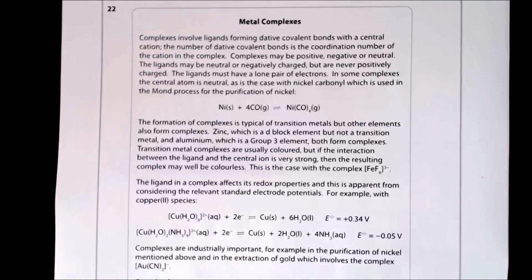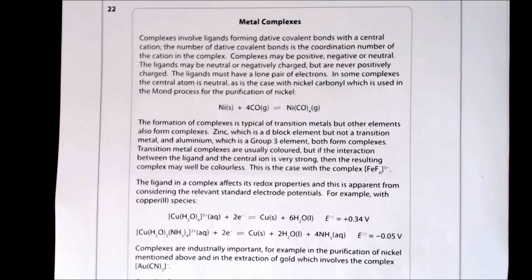The formation of complexes is typical of transition metals, but other elements also form complexes. Zinc, which is a d-block element but not a transition metal, and aluminium, which is a group 3 element, both form complexes. Transition metal complexes are usually colored, but if the interaction between the ligand and the central ion is very strong, then the resulting complex may well be colorless.